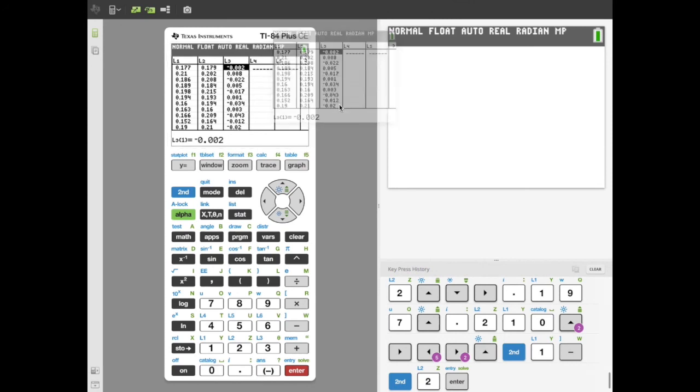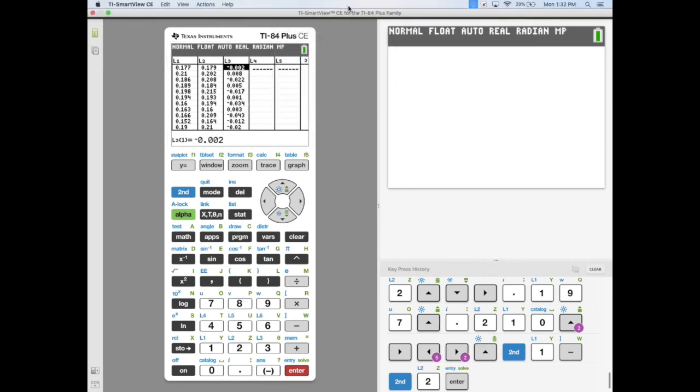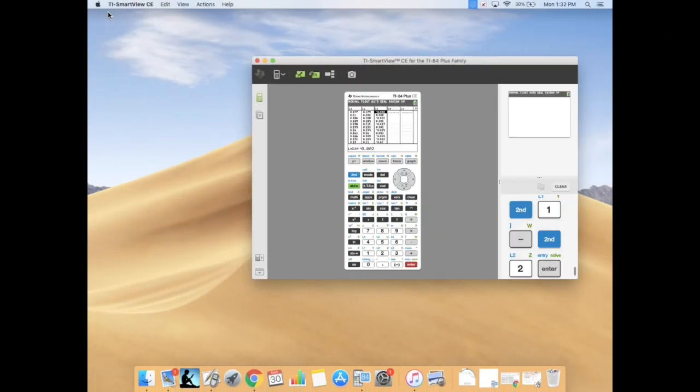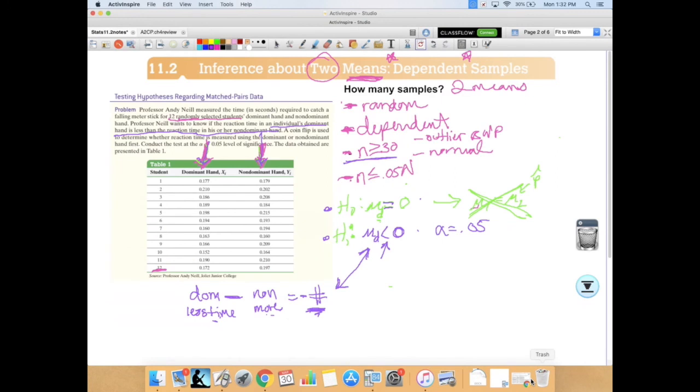Okay? So let's go back to our presentation. Okay, so now that we've input this into L1, we input this into L2, and L3 we have our difference.